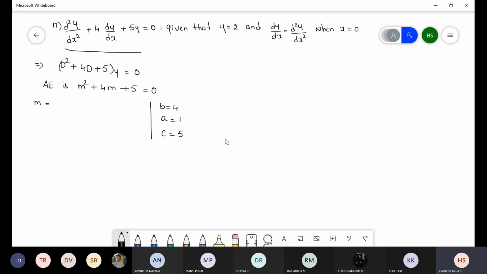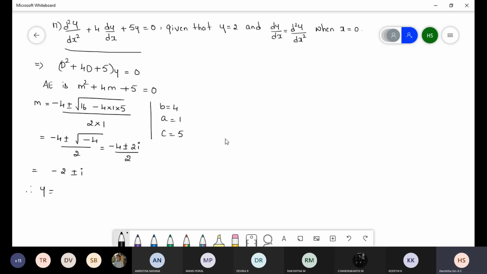So m is equal to minus 4 plus or minus root of b square, 16, minus 4 into 1 into 5, divided by 2 into 1. So minus 4 plus or minus root of 16 minus 20, which is minus 4, divided by 2. So minus 4 plus or minus 2i divided by 2. So here we get minus 2 plus or minus i.